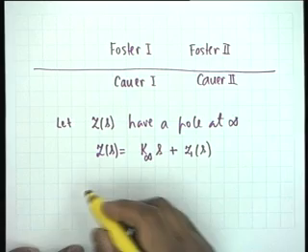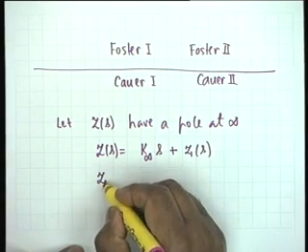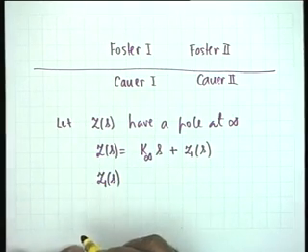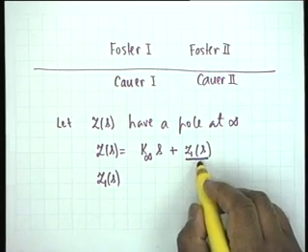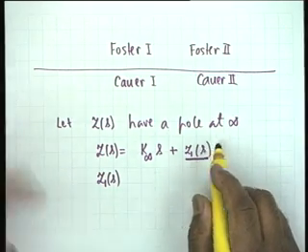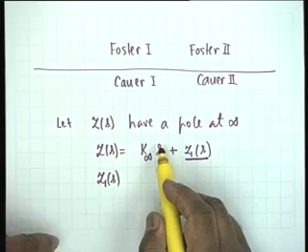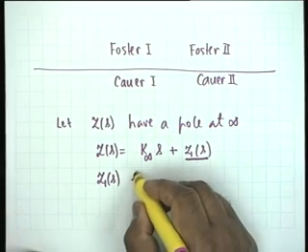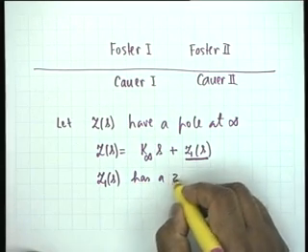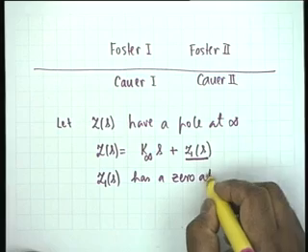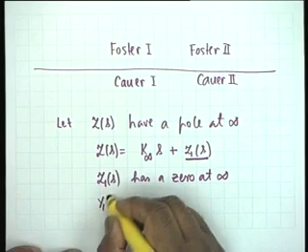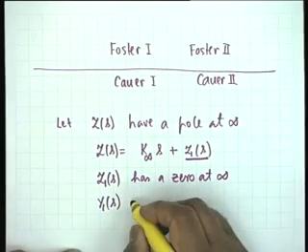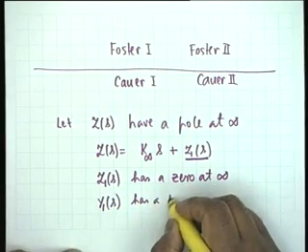And therefore Z1 of S, since this is LC and the pole at infinity has been removed, must have a 0 at infinity. All LC functions must have either a pole or a 0 at infinity. If that is so, then its reciprocal Y1 of S has a pole at infinity.